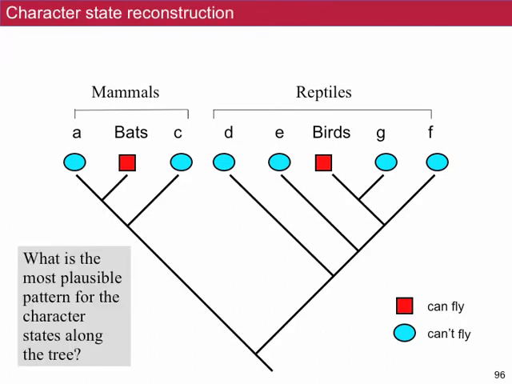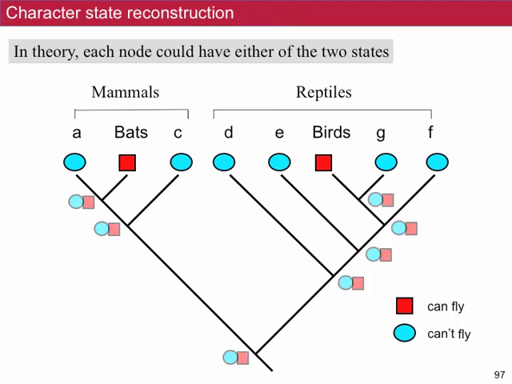We're going to focus on reconstructing what happens at the nodes in the tree. So what we ask is: what is the most plausible pattern for those character states in the ancestors at every one of these nodes, here, here, here, here, here, here, and here? In theory, each one of those nodes could be either can fly or can't fly.